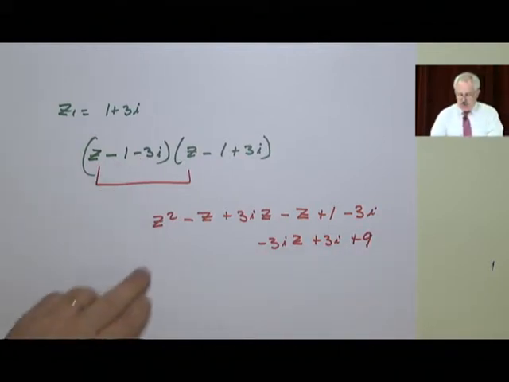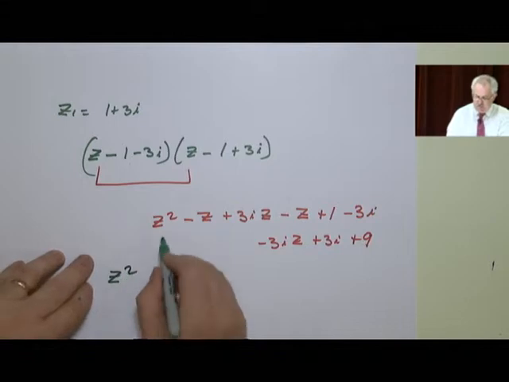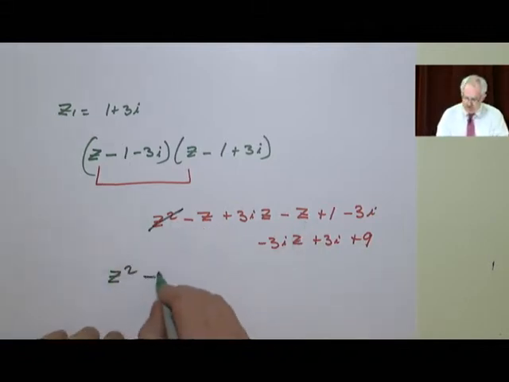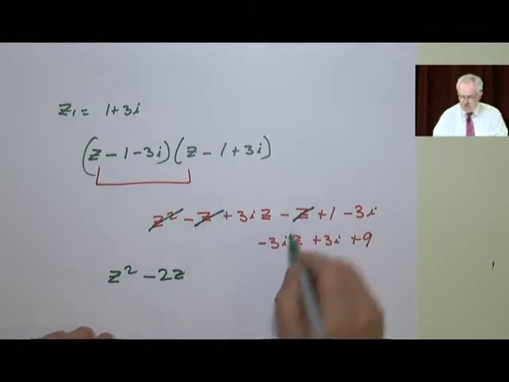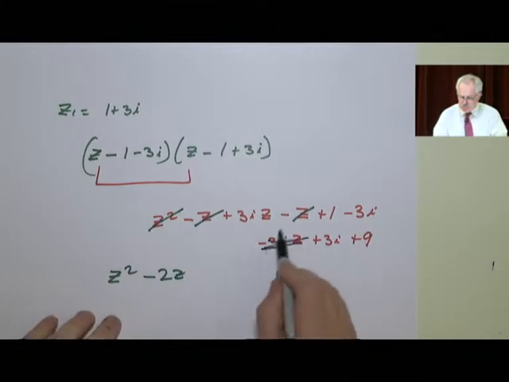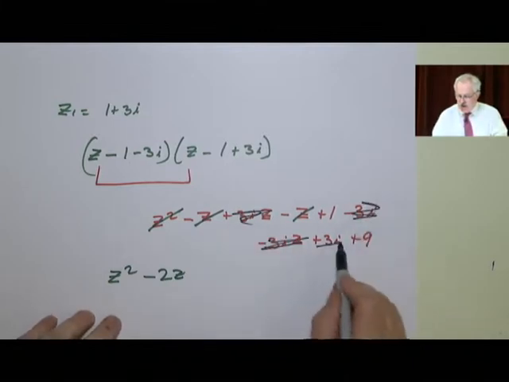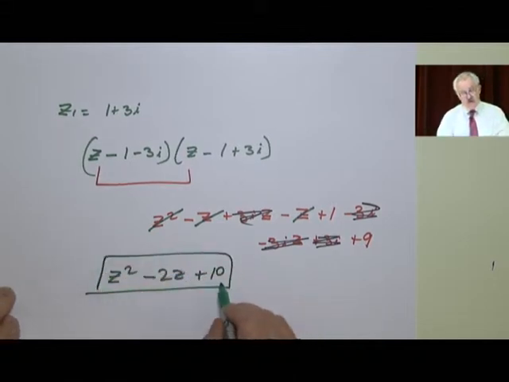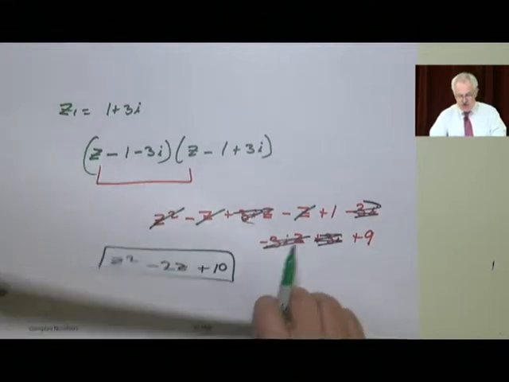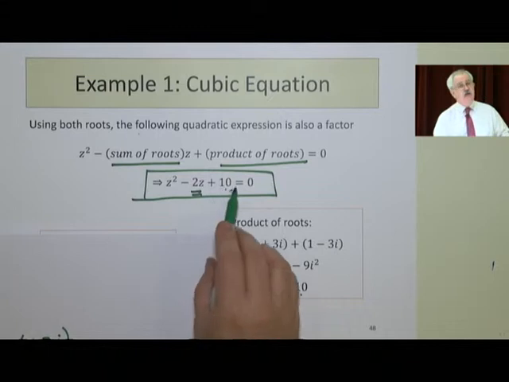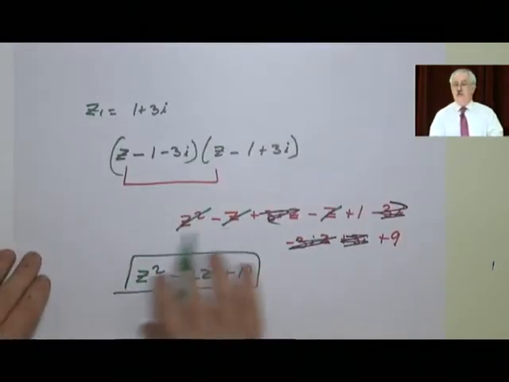Adding up all of that, you'll get your z squared. The z terms give you minus 2z. 3iz minus 3iz, they cancel. 3i and 3i cancel. 1 and 9 gives you 10. So z squared minus 2z plus 10 is the other factor.